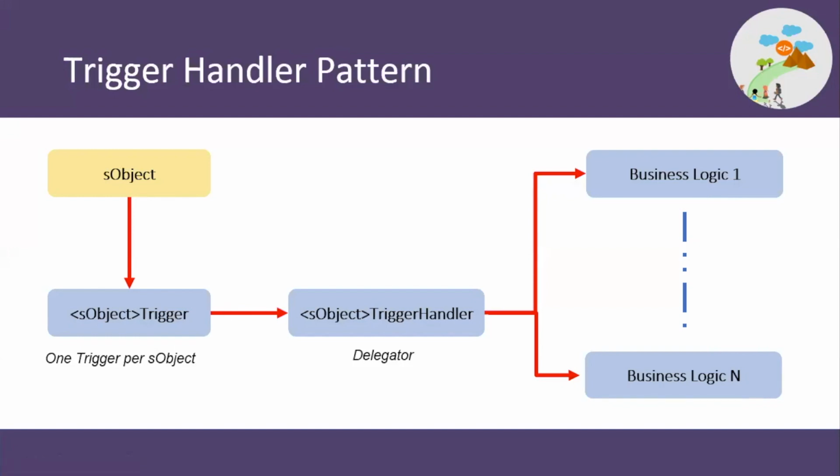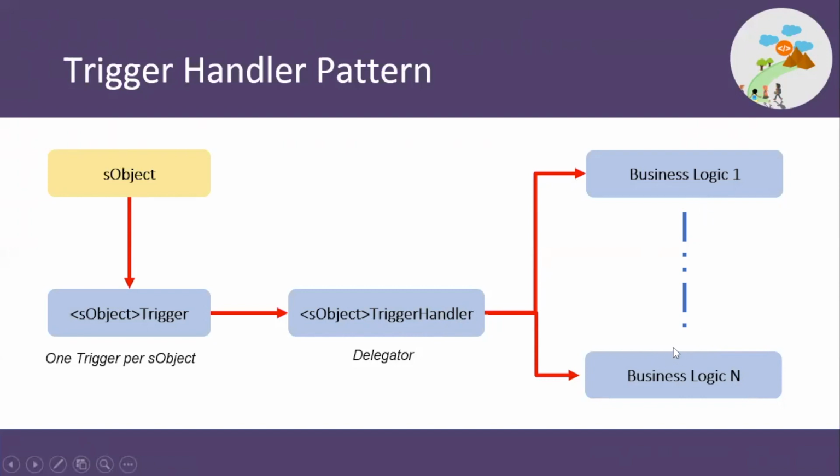It will delegate the control of your execution to the appropriate business logic, right? So in our case, let's say we had to create a task, calculate commission, and send out an email. If I could look at that as separate pieces of business logic where there is a specific sequence, your trigger handler is capable of delegating and orchestrating the flow here.